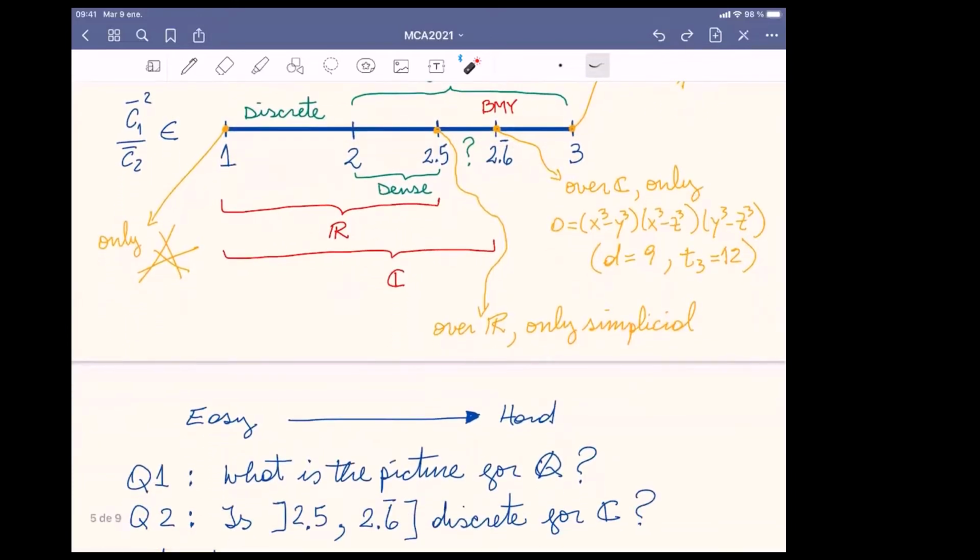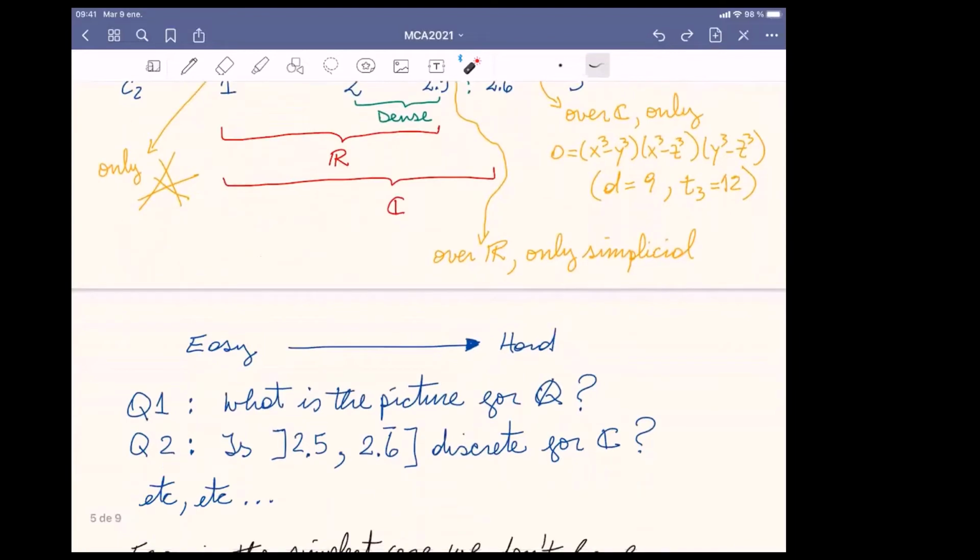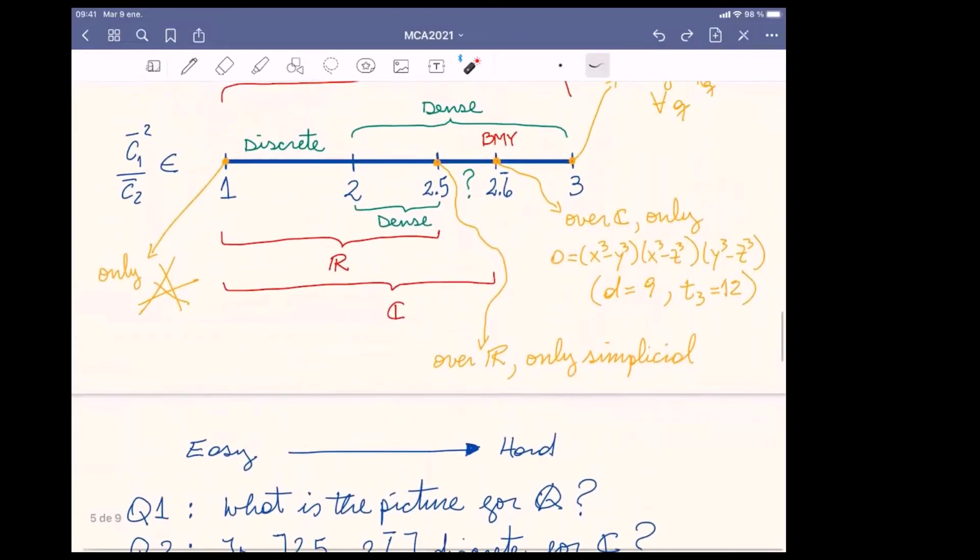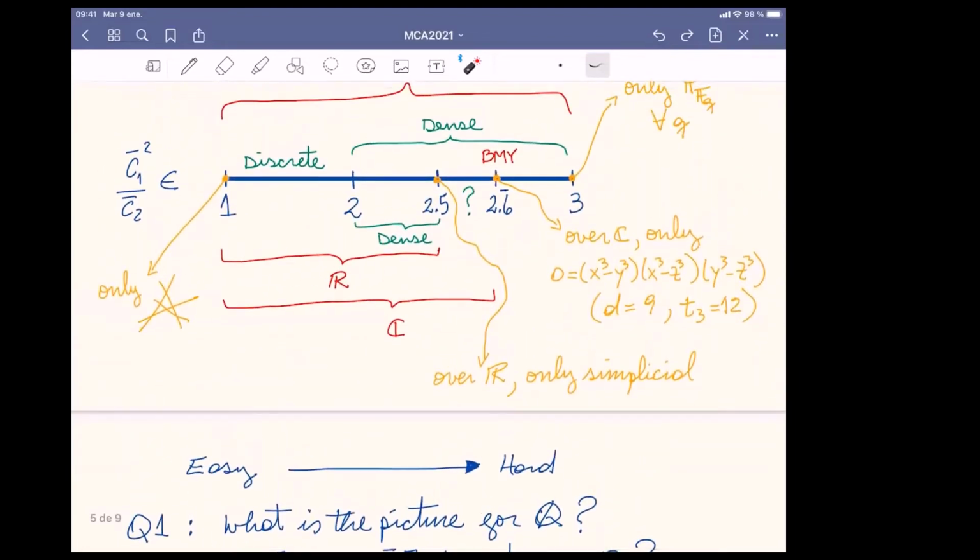So the questions that we have there, just to finish with line arrangements, is what is the picture for Q? Actually, here we really need R when you prove that this is dense. We really use that they are defined over R. We think that maybe it's possible to be dense over Q, but we don't really have the arrangements to prove that.